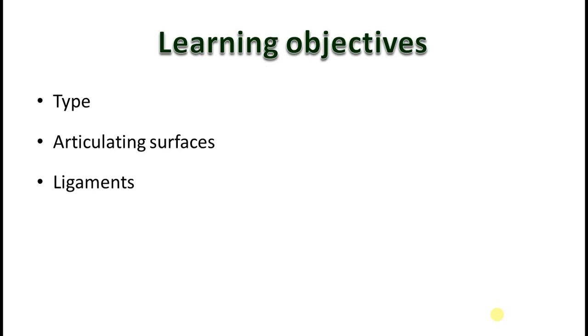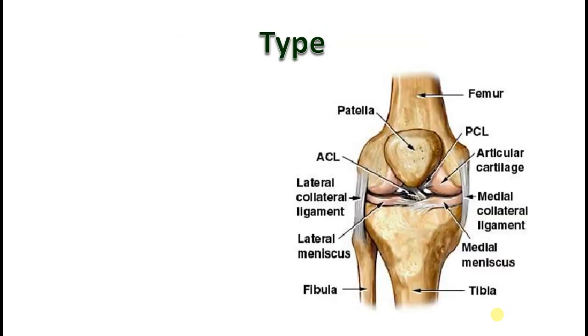So, today's class mainly I will be concentrating on the construction of the joint, how the knee joint is constructed. With respect to the movements, applied anatomy, blood supply and nerve supply, we will concentrate on them in the second part or the second half of the knee joint. So, directly we will move on to the knee joint.